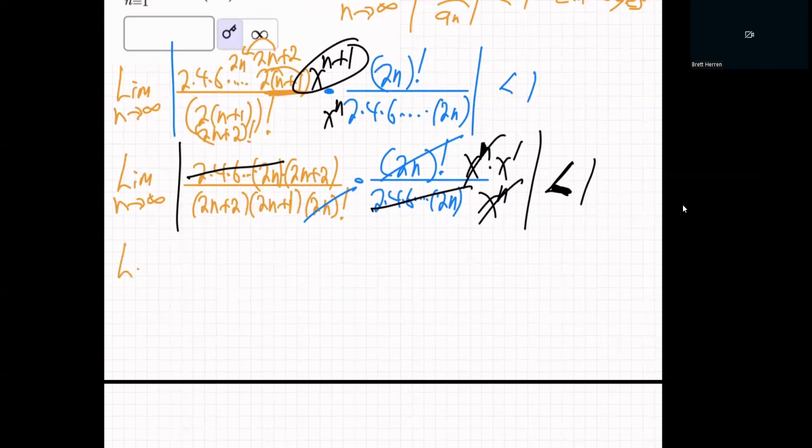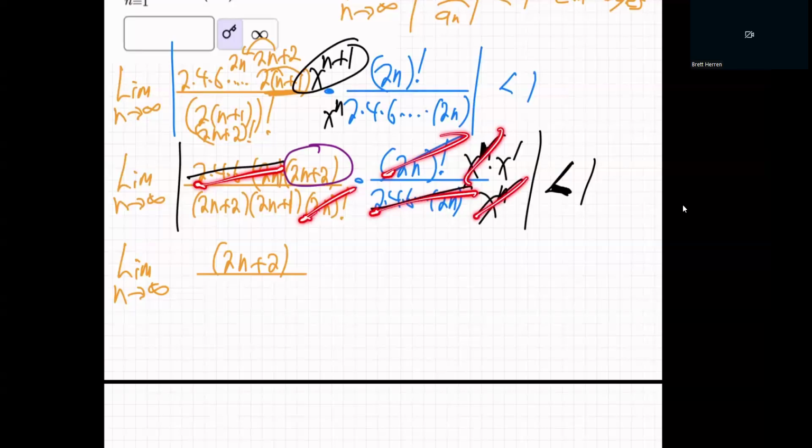So what are we left with? Limit n goes to infinity of, what do we got here? We got 2n plus 2. Now circle, either cross off or circle everything. So I'm going to circle this guy. He's left over on the top, whereas the rest of the stuff canceled. See how this canceled up to 2n, canceled up to 2n, and the 2n factorial canceled, 2n factorial canceled, x to the n canceled.